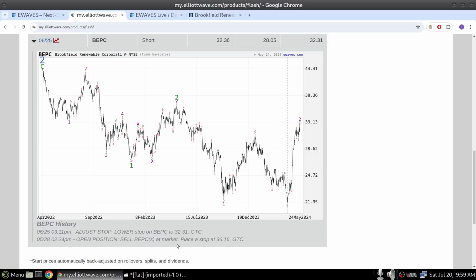And that's why the initial recommended stop was 36.16, which is right at this level here, just saying, okay, that's the invalidation point. Because that's very close to the entry here, that's one reason we said, okay, we can go ahead and be a little more aggressive with this because we have such a small distance until this count is invalidated. We don't have to wait for that break.